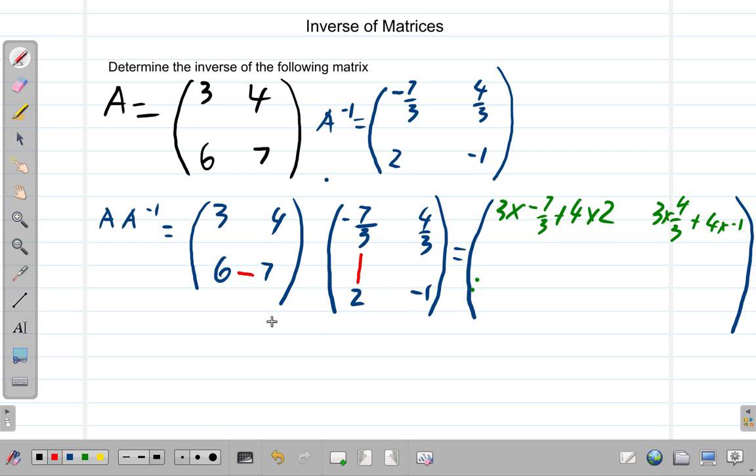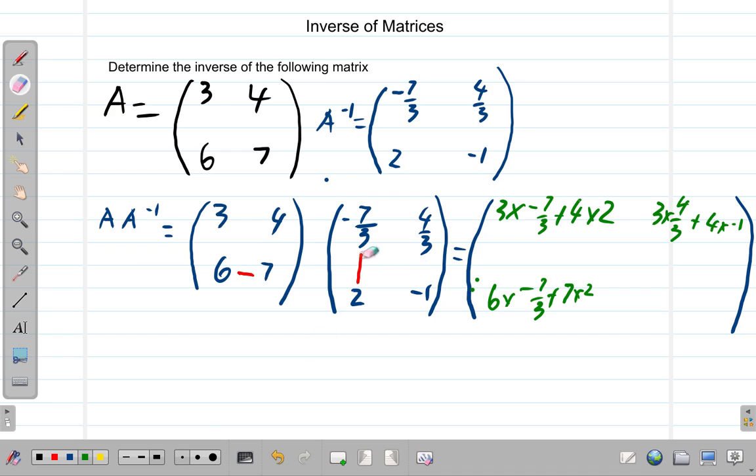So it's going to be first in row 2 by first in column 1, 6 times -7/3, plus second by second, 7 times 2. After that, this element is in row 2, column 2.